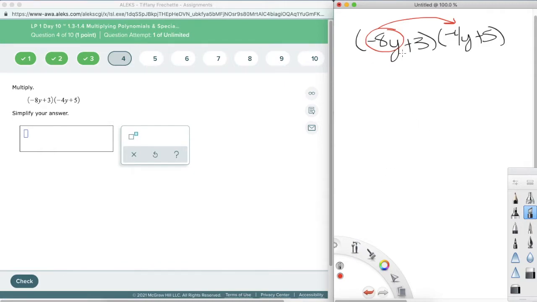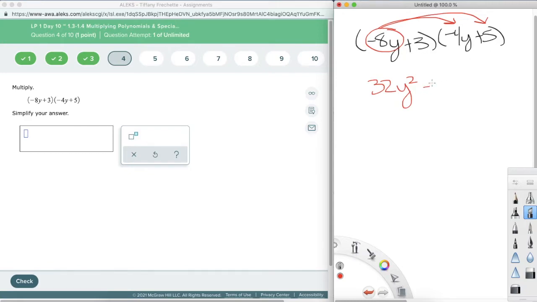Keep that in mind. So negative 8y times negative 4y. I left that off when I said that earlier. So negative times a negative gives us a positive. 8 times 4 is 32. Y times y is y squared. Now I have negative 8y times 5. So a negative times a positive is a negative.